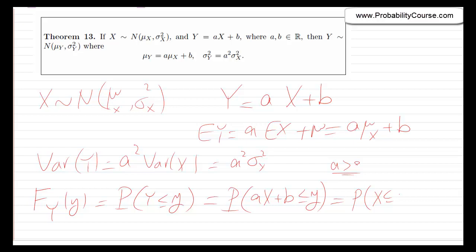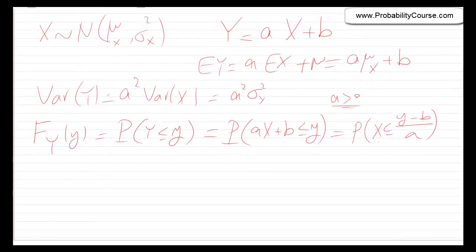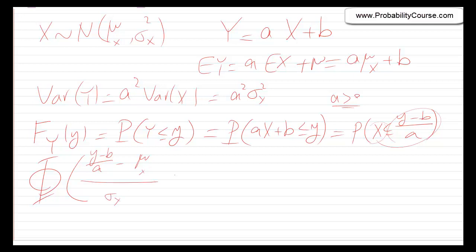So if a is positive, this is the probability that x is less than or equal to (y minus b) over a. And well, what is this? This is the CDF of x, so we can write it in terms of the phi function. Basically, this is going to be phi of this thing minus mu of x divided by sigma of x, and you will see that this is exactly what we want.